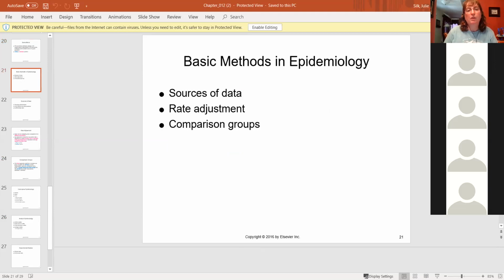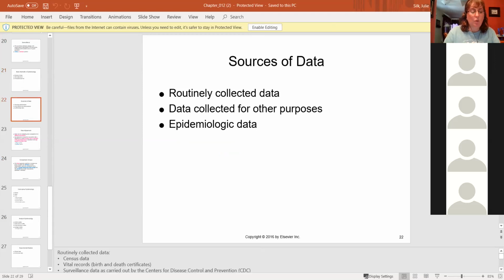So some of the methods we use in epidemiology would be collecting data from different sources, right? We also want to look at comparison groups and the rate adjustment as well. With some of the data that we collect, certain things that we might use would be things like census data, vital records like birth and death certificates, surveillance data as carried out by the Centers for Disease Control and Prevention.